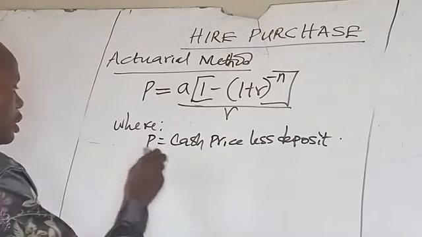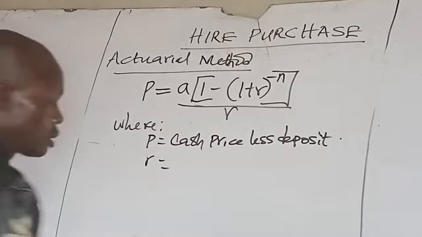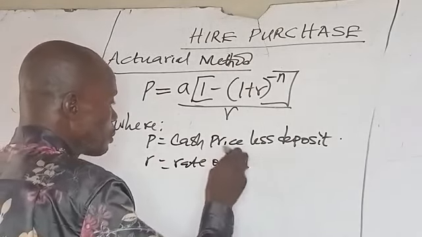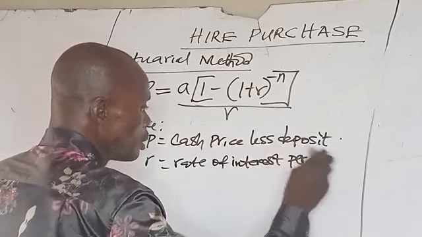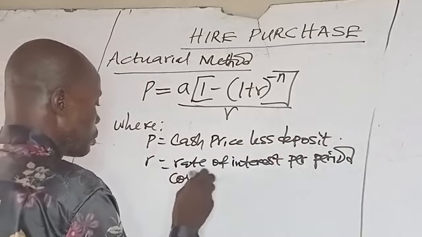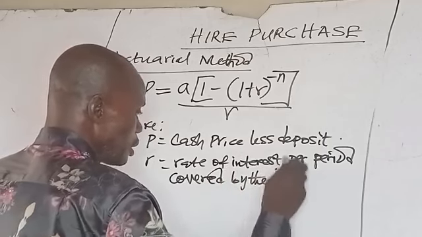R is the rate of interest per period covered by the installment.